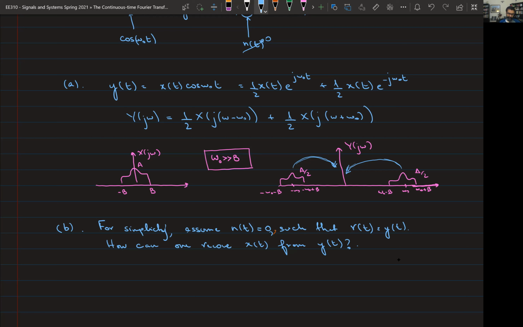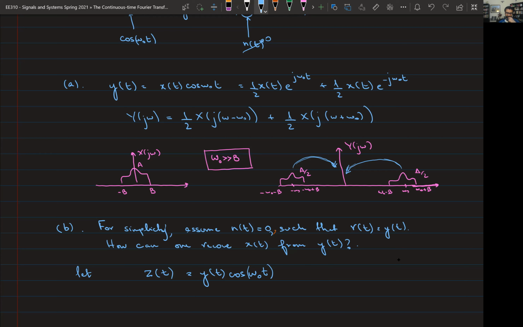Then what will happen? So say let z of t be equal to this y of t times cosine omega naught t, where omega naught is the same frequency that was being used at the transmitter, right? So then what would happen?